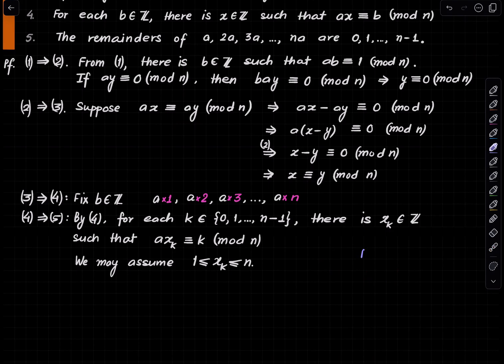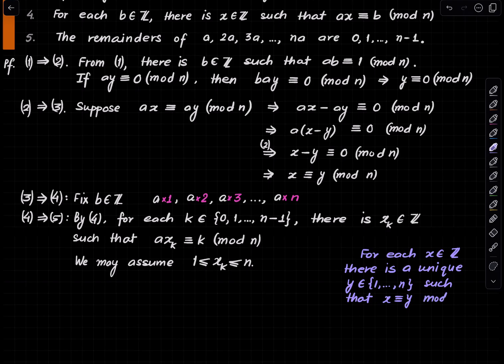For each integer x, there is a unique y in this set such that x is congruent to y modulo n. Very simple, straightforward statement. Think about it.